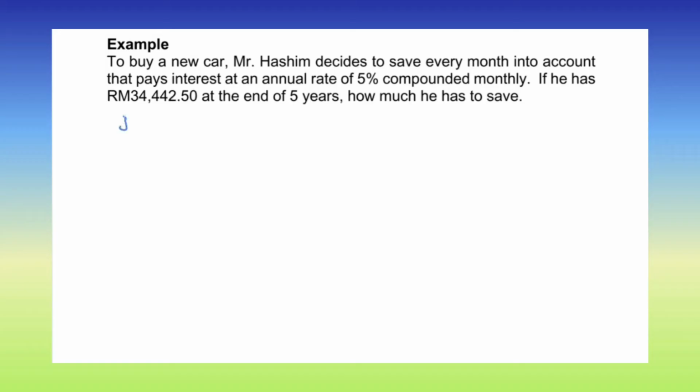So list down all the information given. J equal to 0.05, M equal to 12, T equal to 5 years, S equal to 34,442.50.